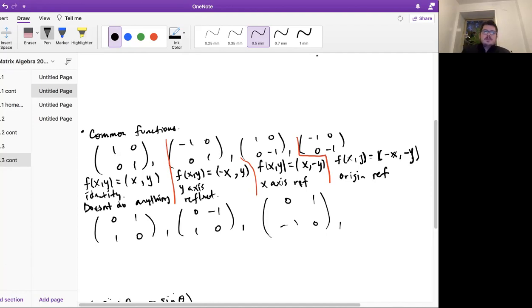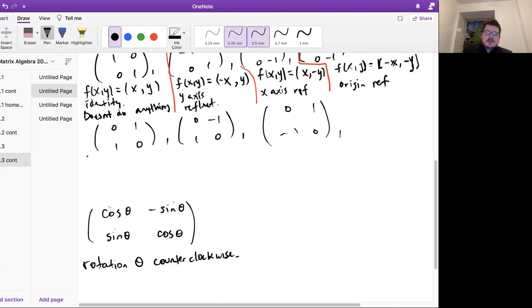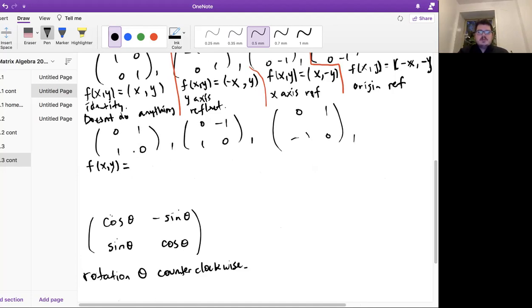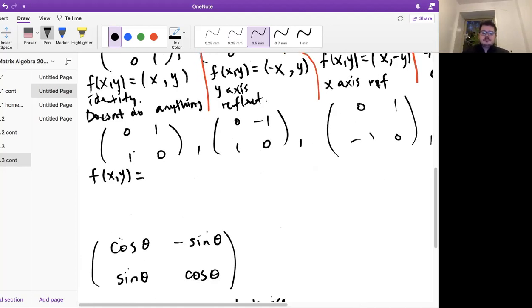Okay, what's this one here? F of xy equals what here? Yes, it's the reflection over x equals y, and it takes xy and flips it to yx. That's the x equals y reflection.